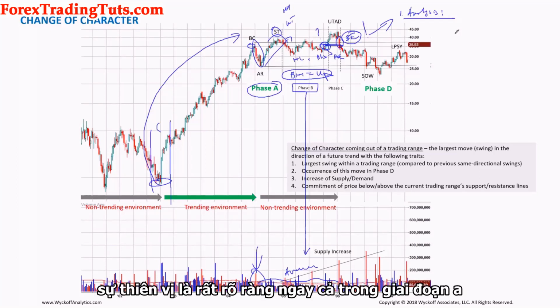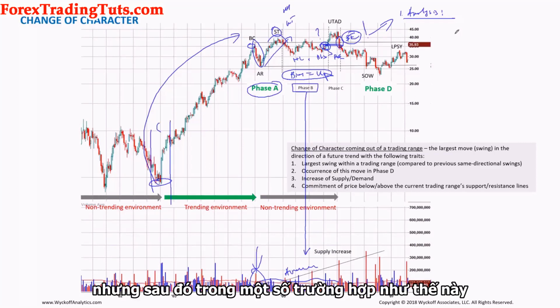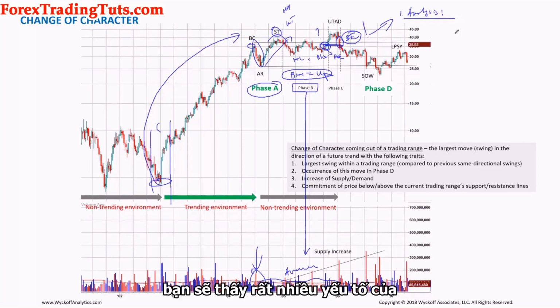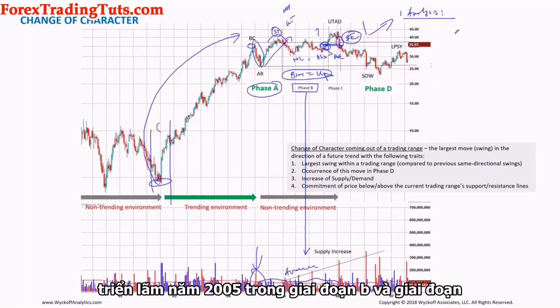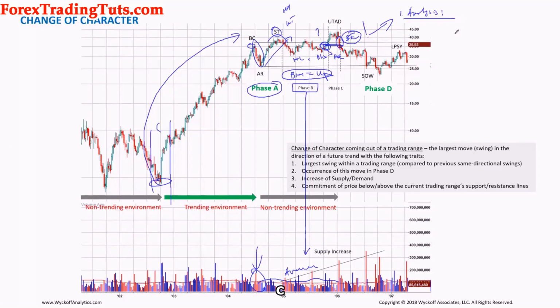Sometimes the bias is so evident even in phase A, you can't really think anything else. But then in some instances like this one, you're going to see a lot of elements of outperformance like Yahoo was exhibiting in 2005 in phase B and phase C. And you might not distinguish this as a potential distribution.